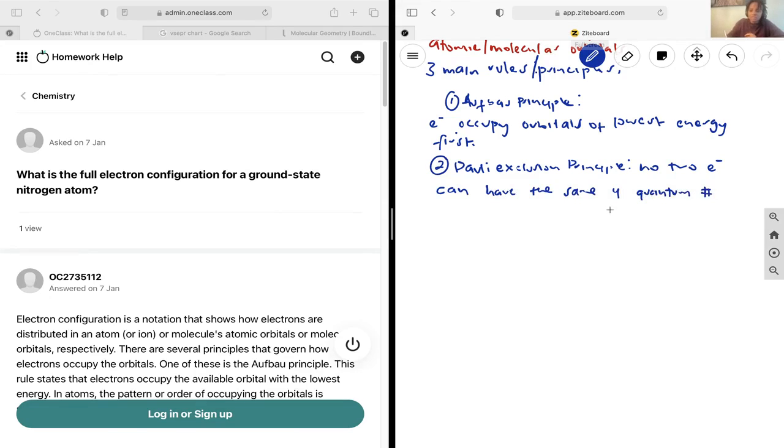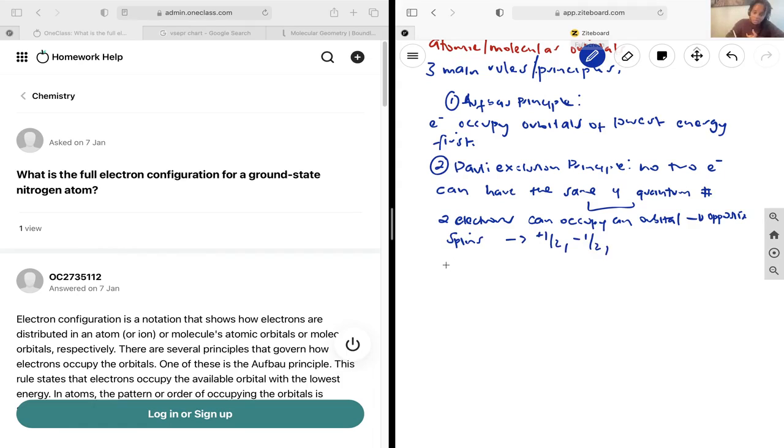You can think of this as the address for the electron, and no two electrons can be at the same exact spot. What this usually implies is that two electrons can occupy an orbital, but to avoid violating this exclusion principle, they will have opposite spins, so that their last quantum number is different. So they would have spin of 1/2 and spin of -1/2.